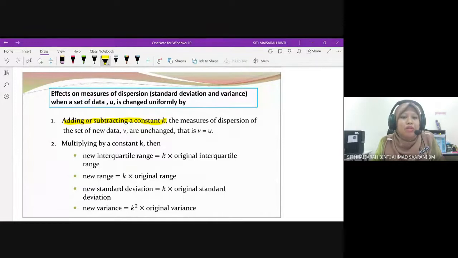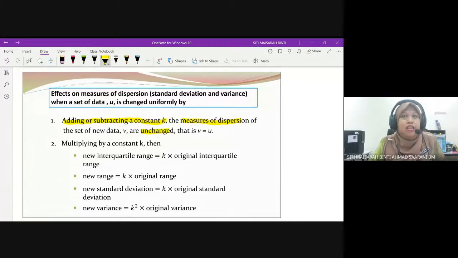Dia tambah 1, tambah 1, tambah 1. So jadi dia punya standard deviation atau variance tak akan berubah. Boleh? Unchanged. Measure of dispersion of a set of new data are unchanged, kalau dia tambah ataupun tolak dengan nombor yang sama, dengan value yang sama.